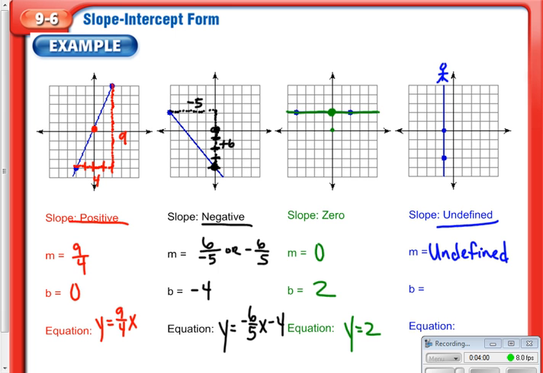It does not cross your y-axis. However, it does cross your x, and it crosses your x here at negative 1. So we don't have a b value, but we do have an equation. It crosses your x-axis, so x equals negative 1. Note the difference between those equations when a 0 slope versus an undefined slope.